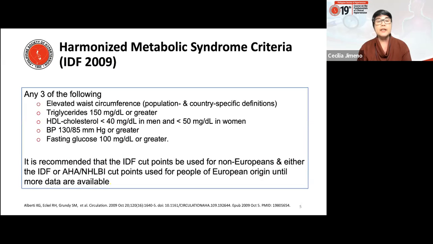So this is what the IDF criteria is saying. When we use the term elevated waist circumference, we should use population and country-specific definitions.